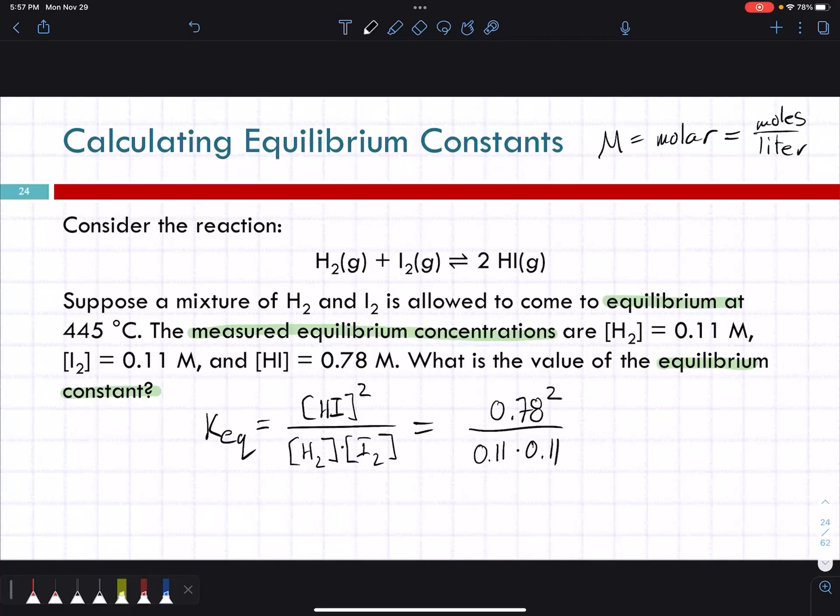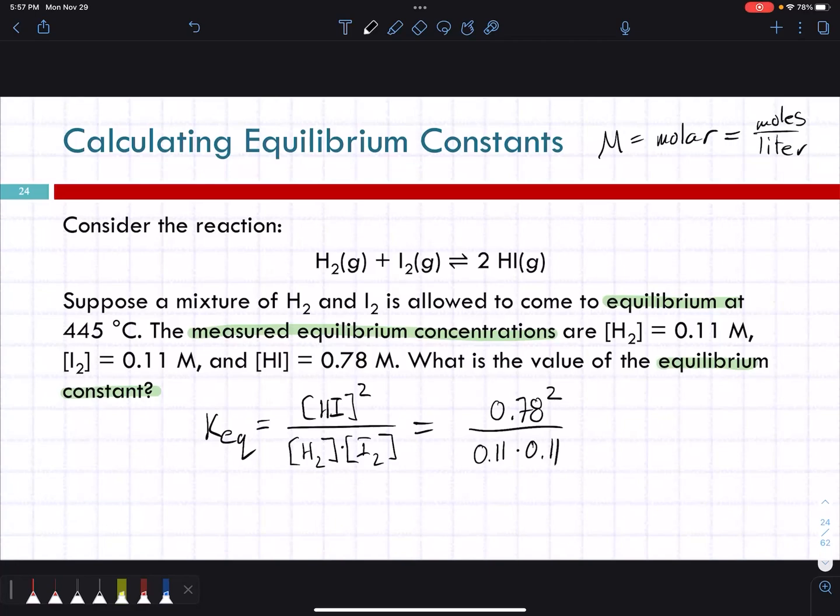So 0.78 squared divided by 0.11 times 0.11. Let me double check that. Oh, that did not do what I wanted it to.